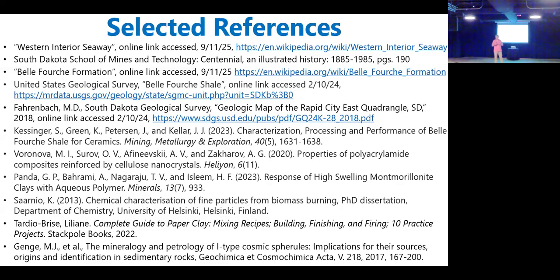That makes sense. Yeah, and we have gone a little bit into the Pierce Shale and looked at that not for micrometeorites, but more for these ceramic type applications. Definitely.